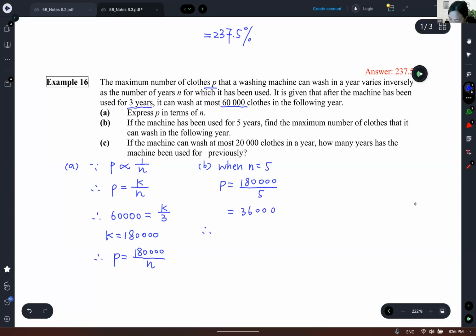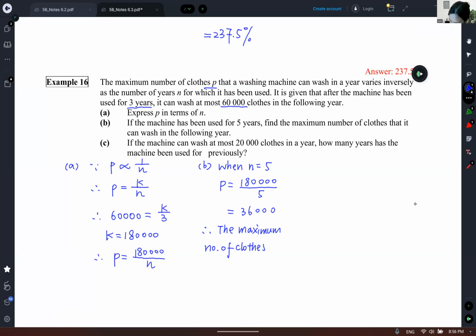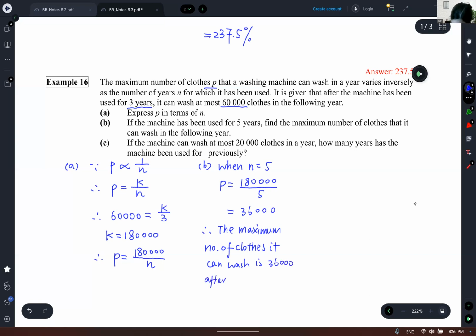Then you will answer: the maximum number of clothes it can wash is 36,000 after 5 years of use.